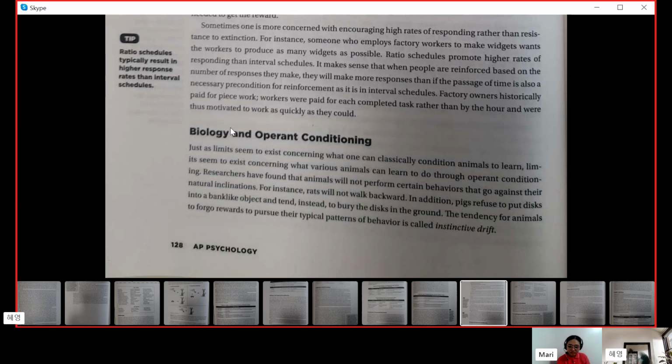For instance, rats will not walk backward. In addition, pigs refuse to put discs into a bank-like object and tend, instead, to bury the disc in the ground. The tendency for animals to forgo reinforcement to pursue their typical pattern of behavior is called instinctive drift.